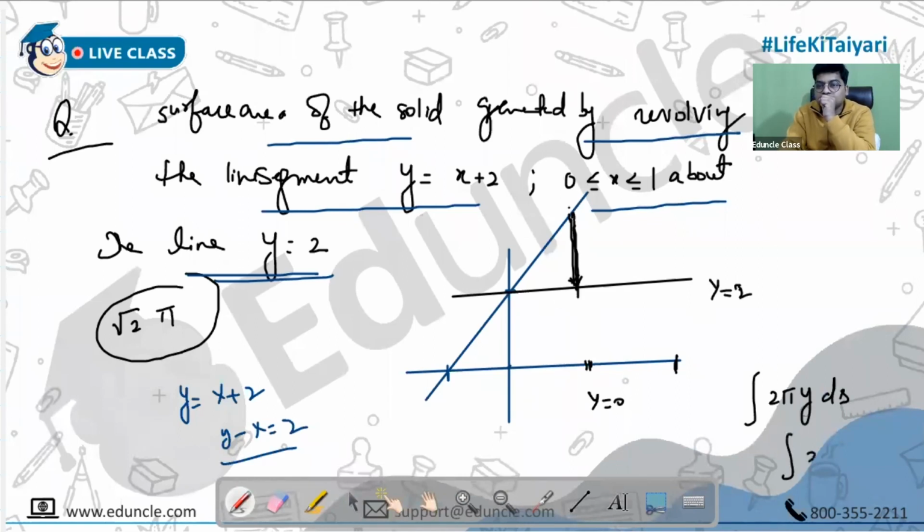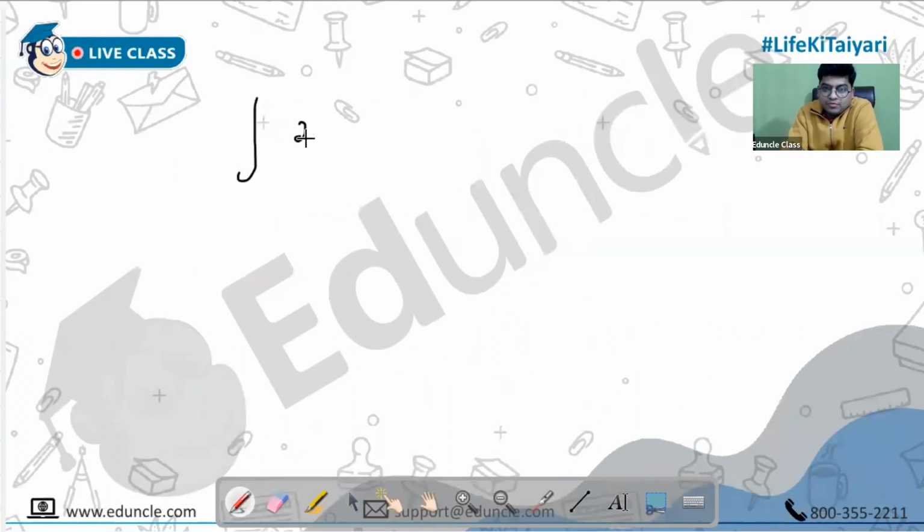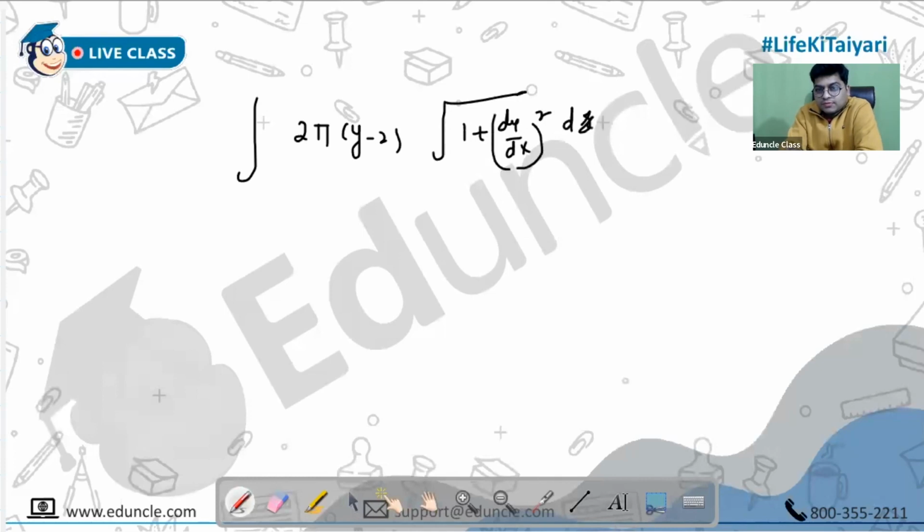So the answer is 2 pi (y minus 2) ds. The problem remains the same. You can write the integral: 2 pi (y minus 2) times the square root of 1 plus dy by dx whole square, dx, with x from 0 to 1. This is our answer.